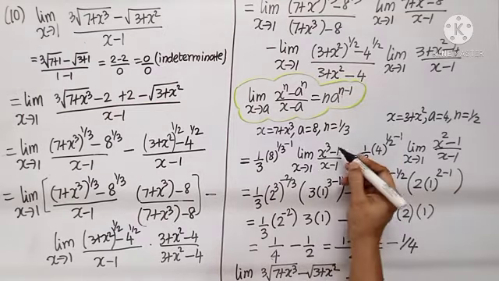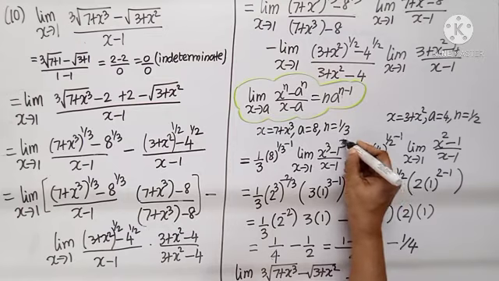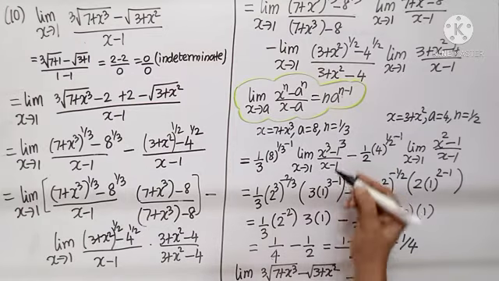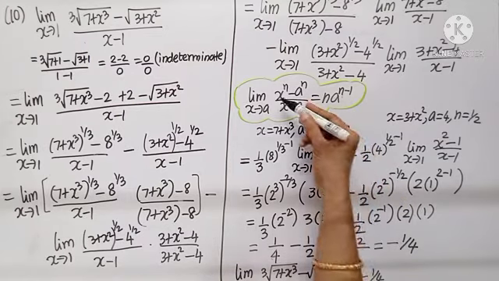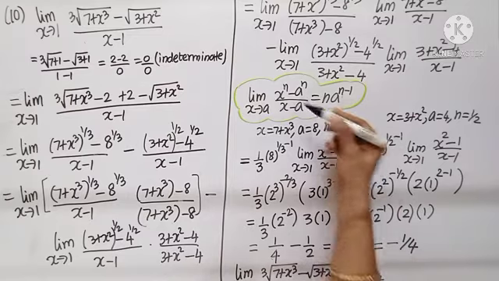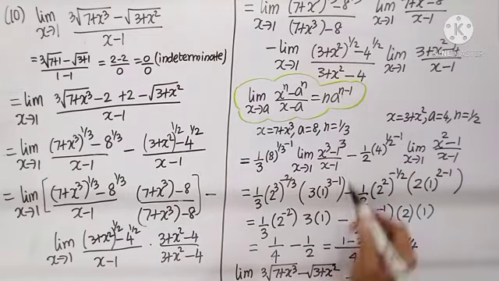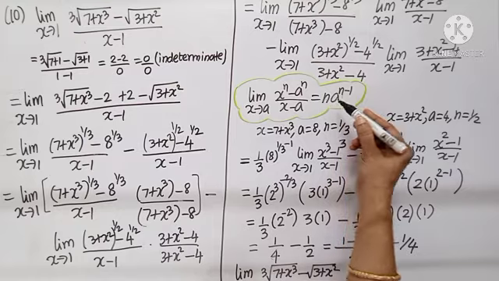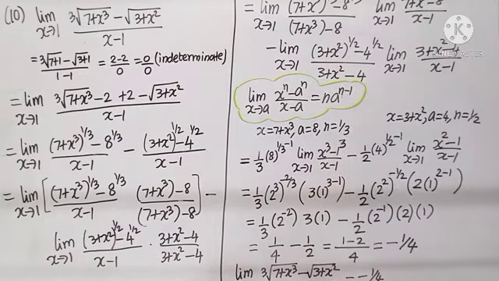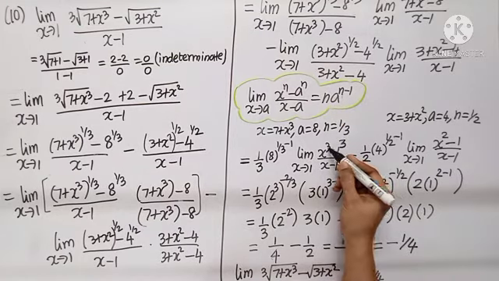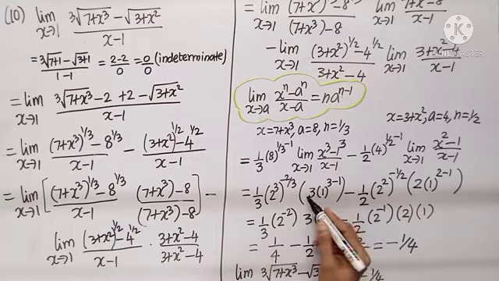Why? 1 can be written as 1 power 3. So what is the formula? Wherever x is coming, x. Wherever a is coming, 1. Wherever n is coming, 3. So if I apply n a power n minus 1, I have n to be 3, a to be 1. 3 into 1 power 3 minus 1.